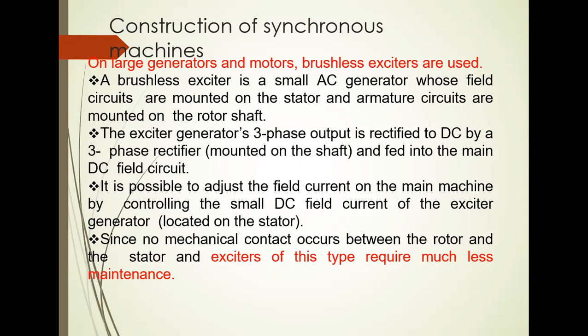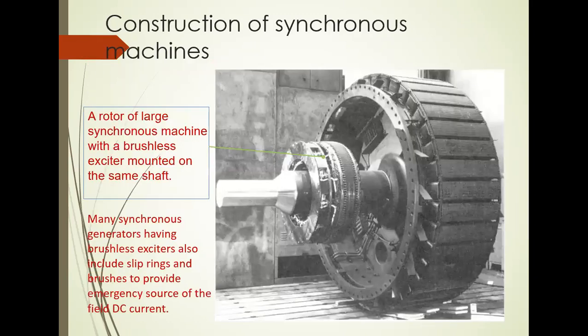It is possible to adjust the field current on the main machine by controlling the small DC field current of the exciter generator that is located on the stator. So here no mechanical contact occurs between the rotor and the stator, and exciters of this type require much less maintenance. So for large generators and motors, brushless exciters are used.